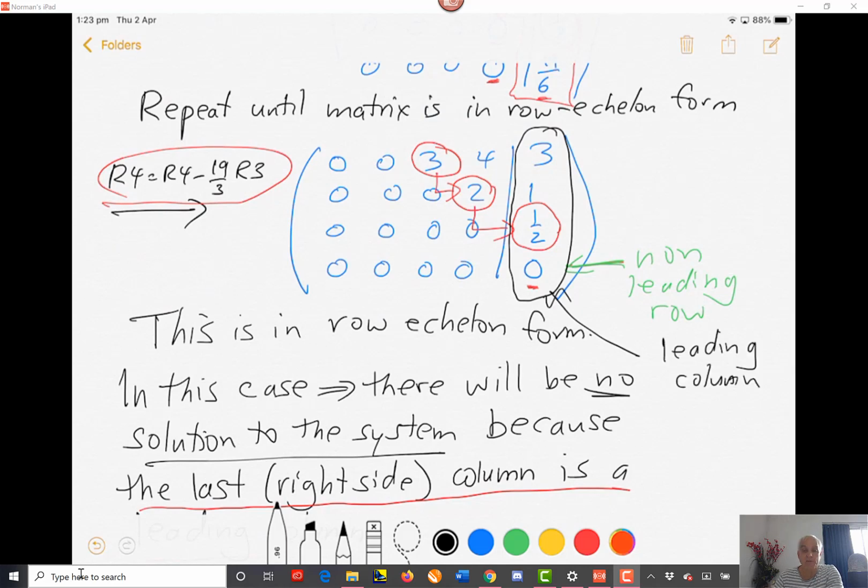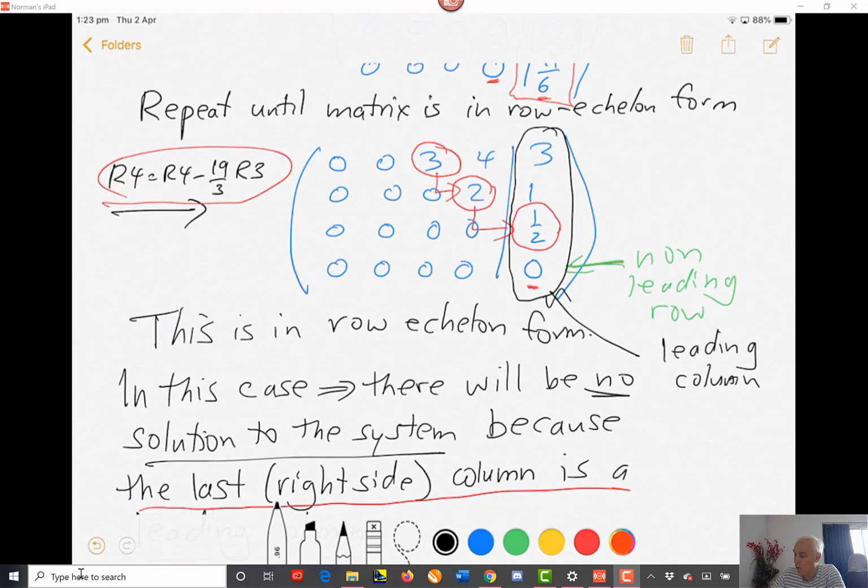And if that rightmost column is a leading column, then there can be no solution. Why is that? It's because the row in which that leading entry appears is representing an equation that cannot have a solution. It's representing the equation 0 equals 1/2.